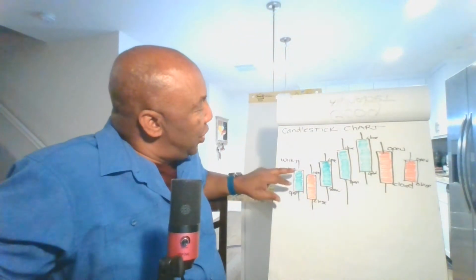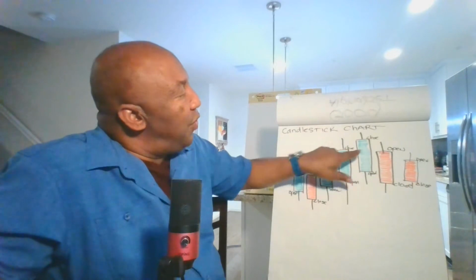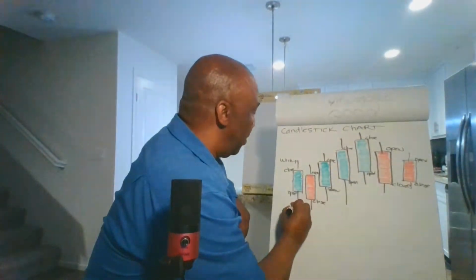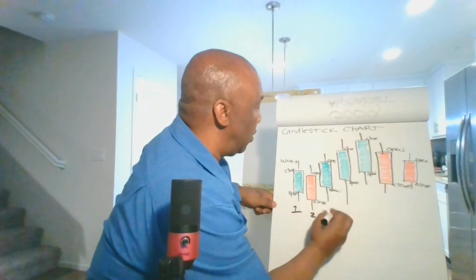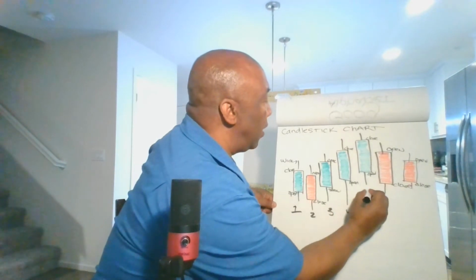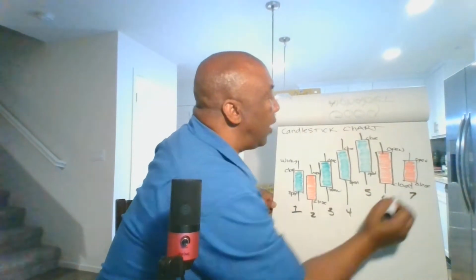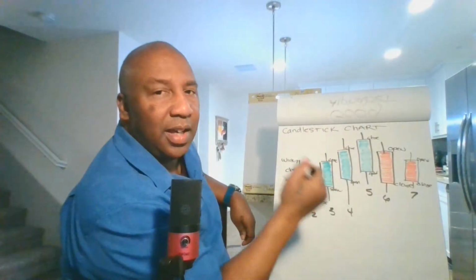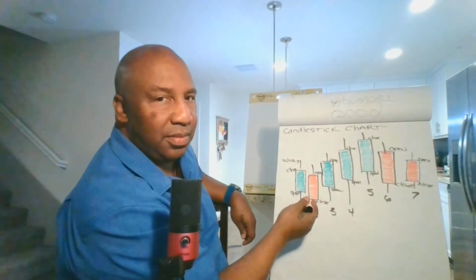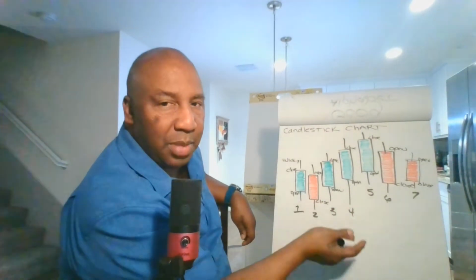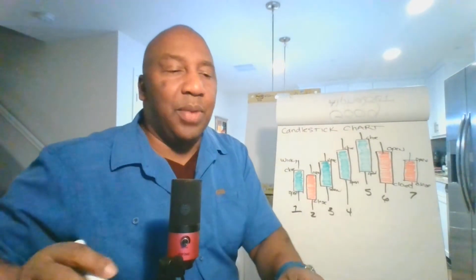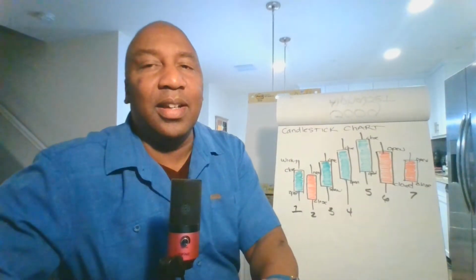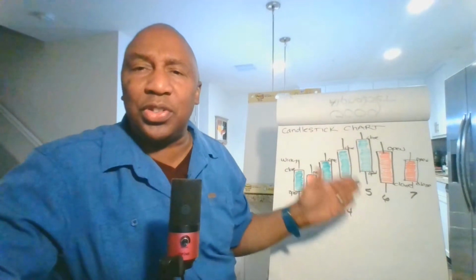This is day one, two, three, four, five, six, seven. Keep in mind that each candle represents a day. It could be a minute, there are minute charts, or 5 minutes. If you're just starting out, I would not suggest you try the minute and 5 minute charts. We'll just say this is a week.